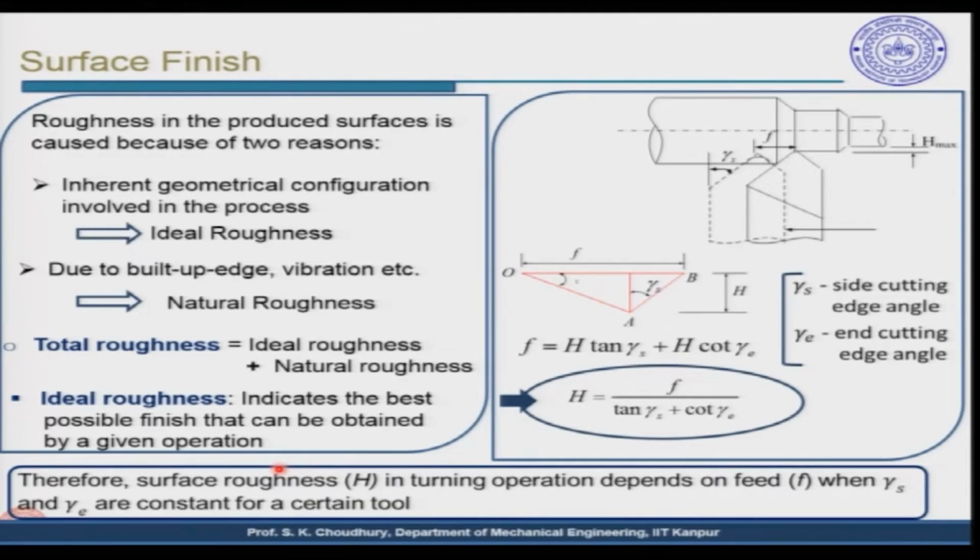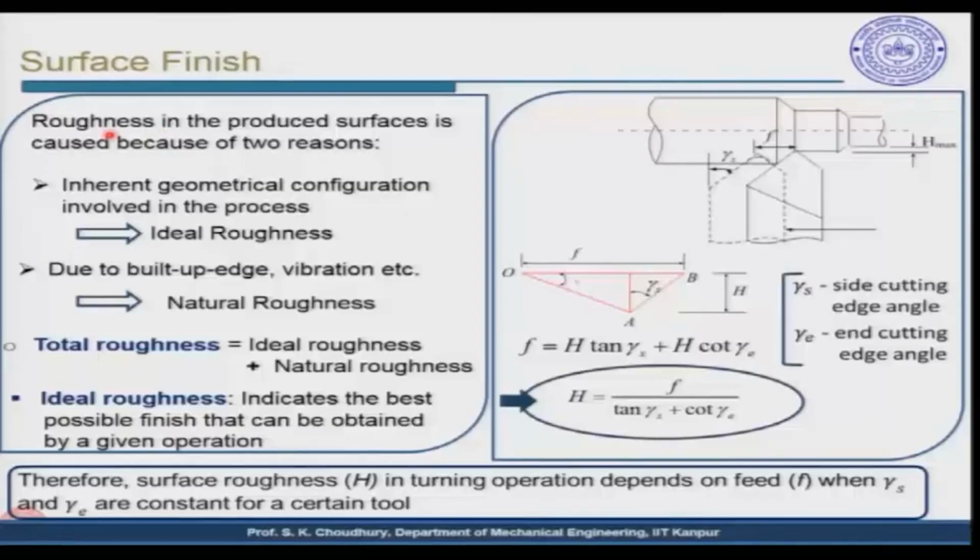The surface roughness is the opposite of the surface finish, meaning that when the surface roughness is very high, the finish is very bad, and the roughness is indicated by the undulations on the surface after machining.